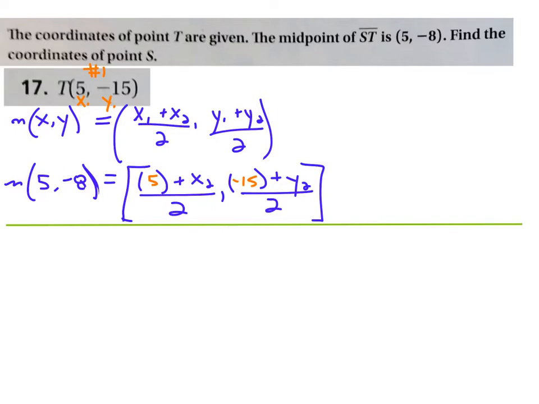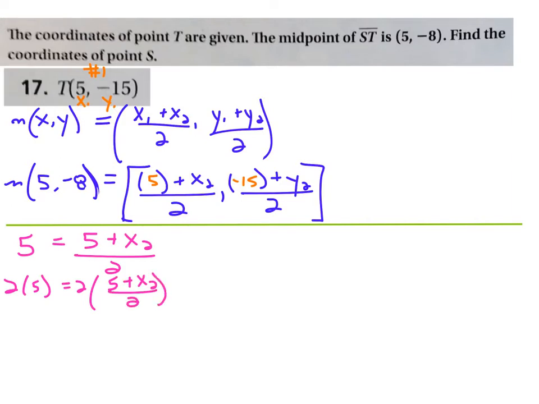We will write the coordinate of x, and I'll do this in pink, 5 is equal to 5 plus x2 over 2. Okay, I need to multiply both sides by 2 to clear that fractional part. And I always write, when I'm multiplying both sides, the multiplier as 2 out front and everything that was on both sides in parentheses.